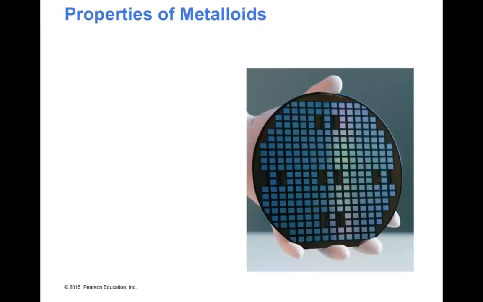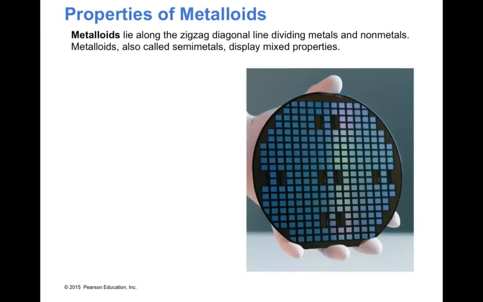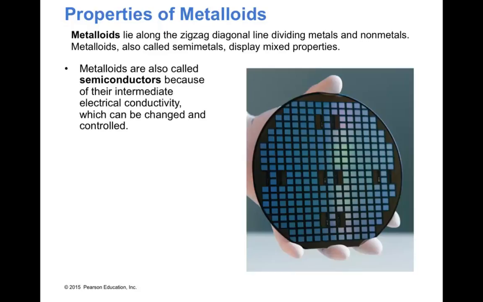And now the metalloids. Metalloids lie along the zigzag diagonal line, as I mentioned before, dividing the metals and the nonmetals. They are also called semimetals and display mixed properties. For example, metalloids are also called semiconductors because of their intermediate electrical conductivity, which can be changed and controlled.